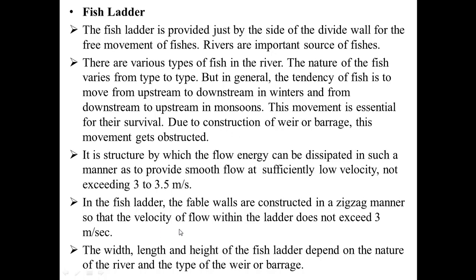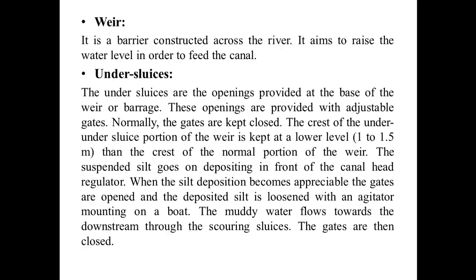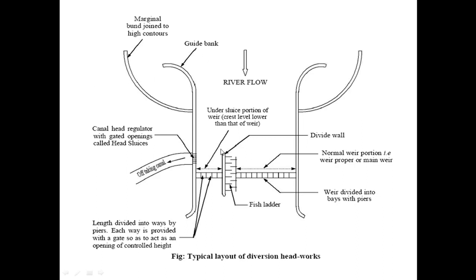In the fish ladder, the baffle walls are constructed in a zigzag manner so that the velocity of flow within the ladder does not exceed 3 meters per second. Here is the figure of the fish ladder. The fish ladder is constructed in a zigzag manner. These are the baffle walls which are constructed in a zigzag manner.